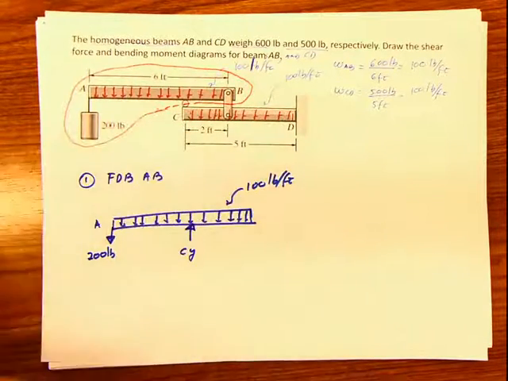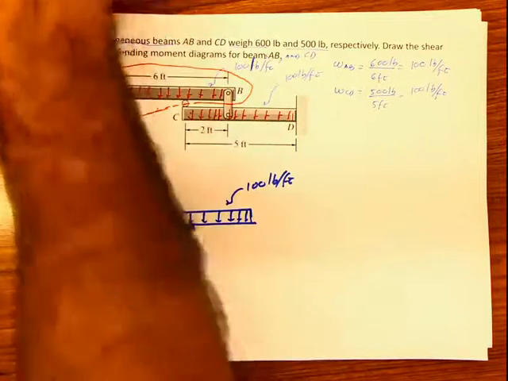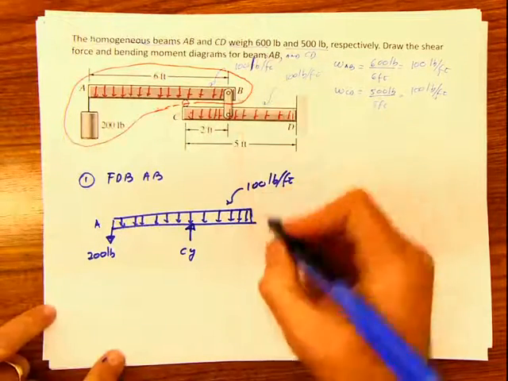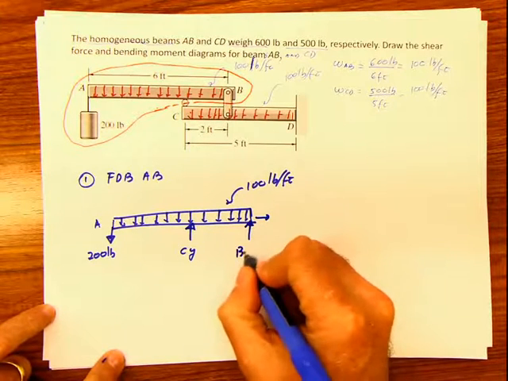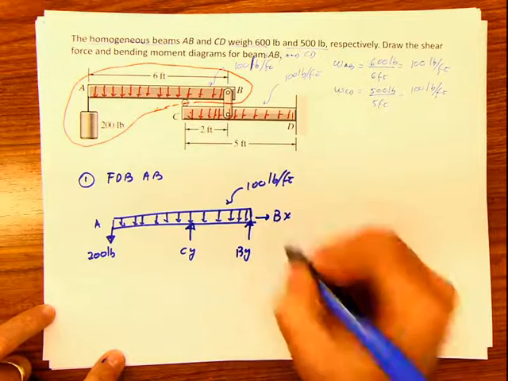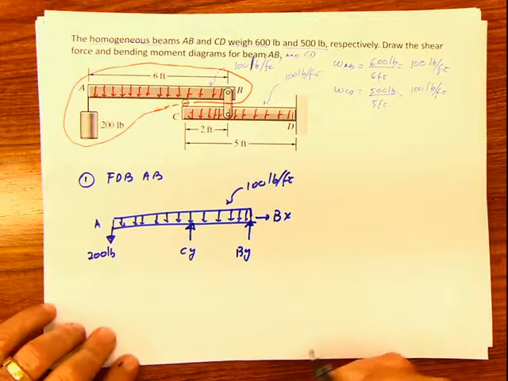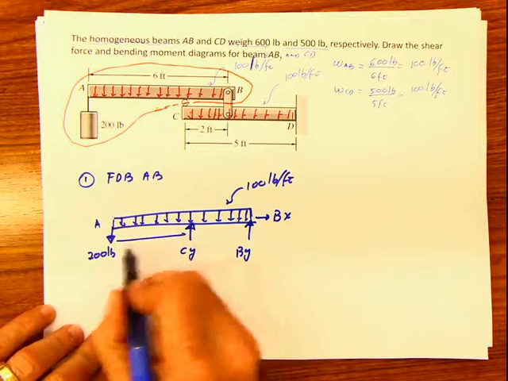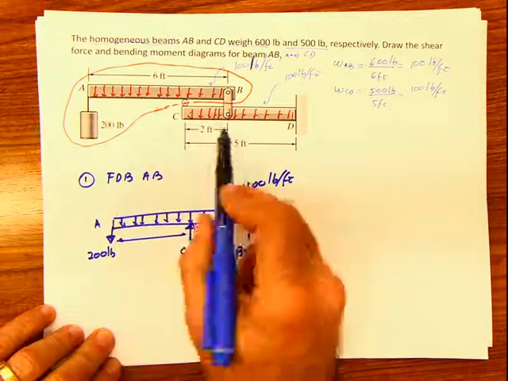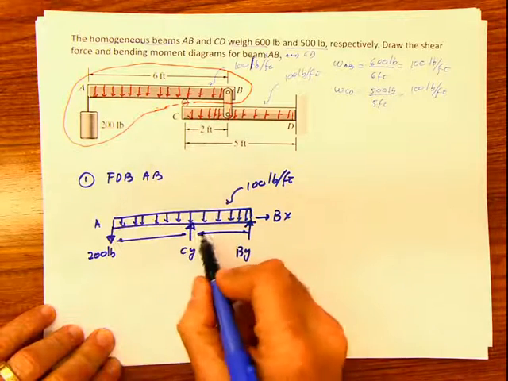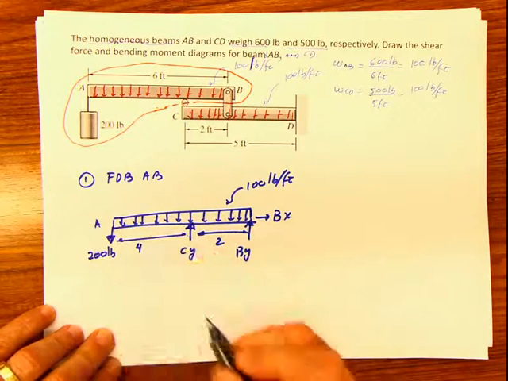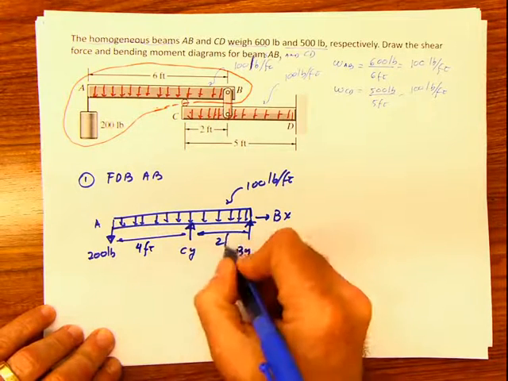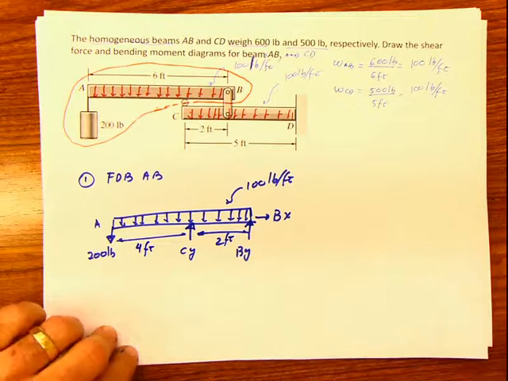Since this is a pin, we are going to have two reactions, By and Bx. And the distances are: this is 2, this is 2, and because the total is 6, that means that this is 4 feet. That's basically what we have over there.